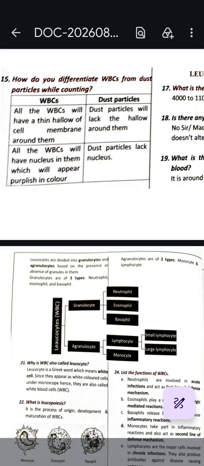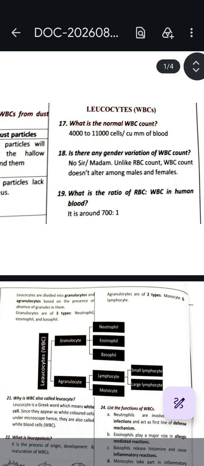And WBCs have a nucleus in them which appears purplish in color, but the dust particle will lack the nucleus. So the dust particles and WBCs are almost the same size. In order to differentiate them, we need to see that there's a clear halo around WBCs. WBCs have a nucleus which stains, and also dust particles can have irregular shape.